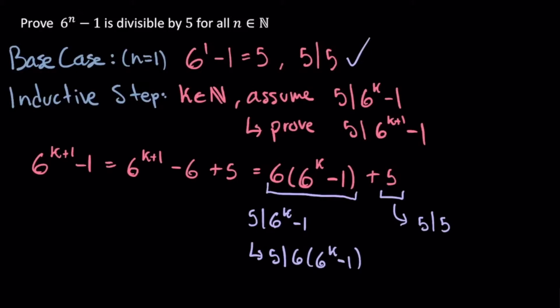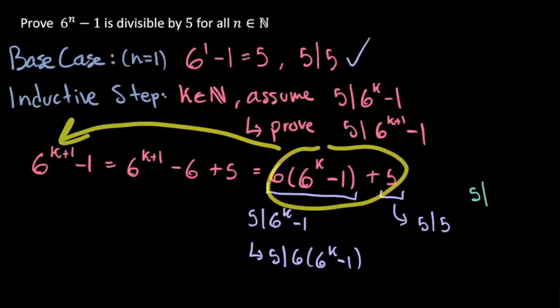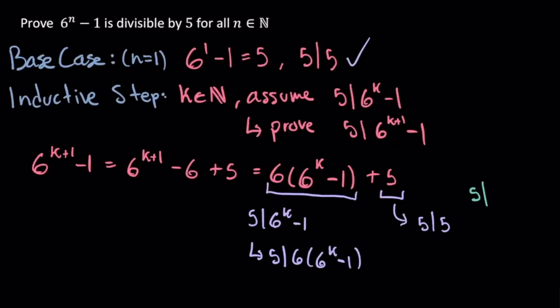And so since we've shown that 5 is divisible by this and also this, and we're simply just adding these two terms, we can conclude 5 is in fact divisible by all of this together, and all of this is just what we have right here. So we have that 5 is divisible by 6^(k+1) minus 1, proving the inductive conclusion.